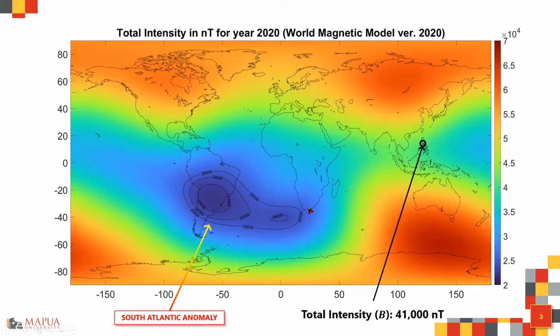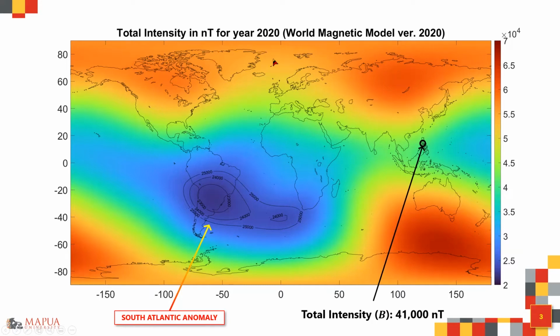Now, what's more important in this graph is also the presence of what we call the South Atlantic anomaly, an irregular depression in intensity in the South Atlantic. What's important with this region is that the protection provided by the Earth's magnetic field is least in this area compared to other areas.